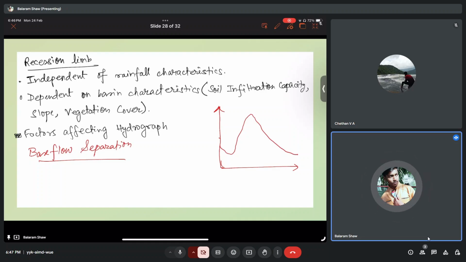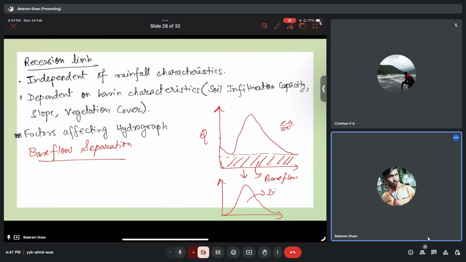So let's say, for example, this discharge is due to the base flow. If we remove the base flow, then the graph that we'll get will be the direct runoff hydrograph. It will start from here and go something like this. So to get the direct runoff hydrograph, we need to separate the base flow.